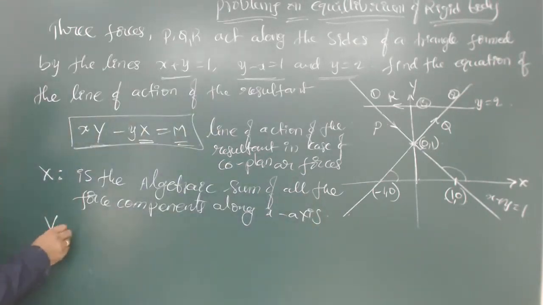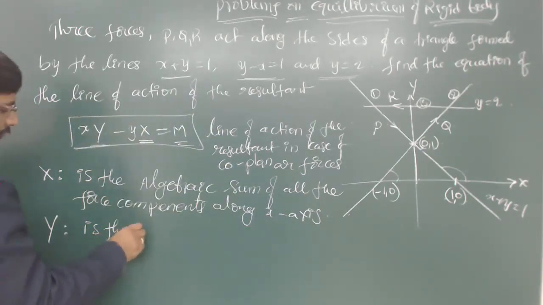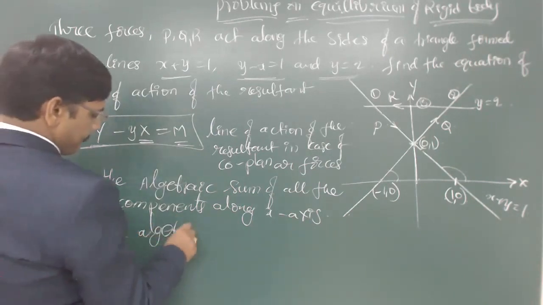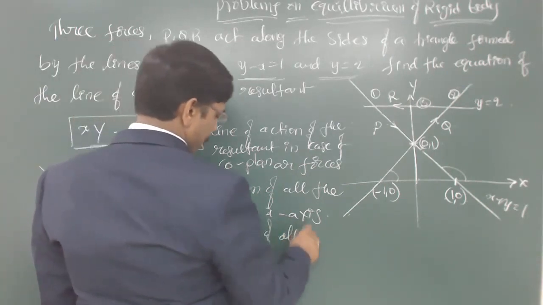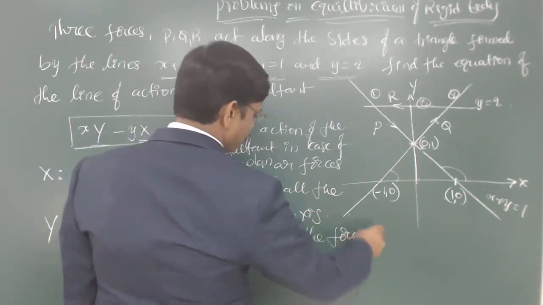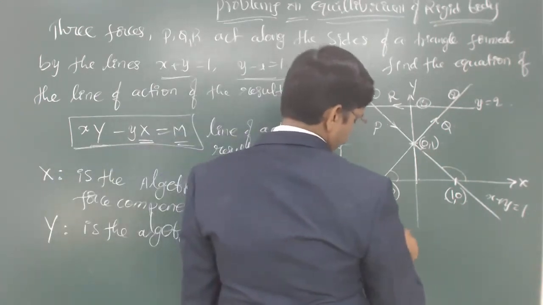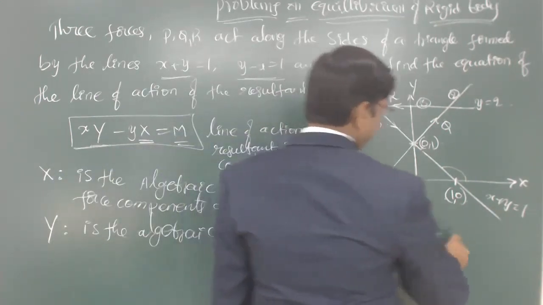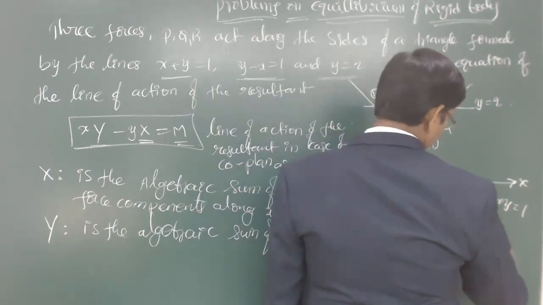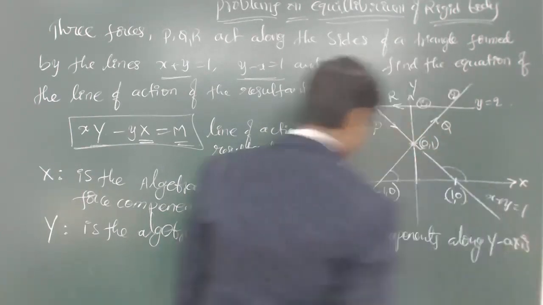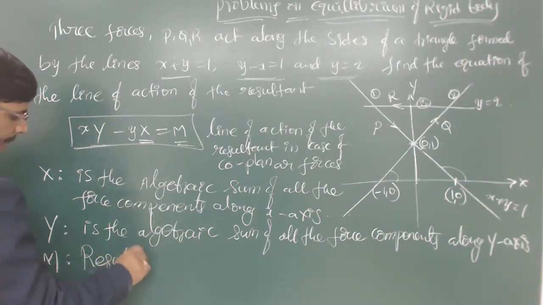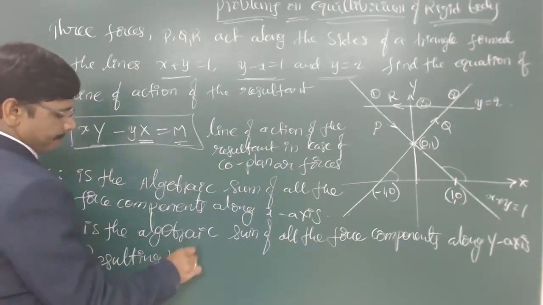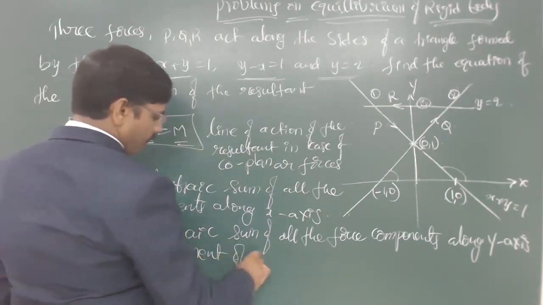and capital Y is the algebraic sum of all the force components along y-axis, and then M is the resulting moment of all the forces.